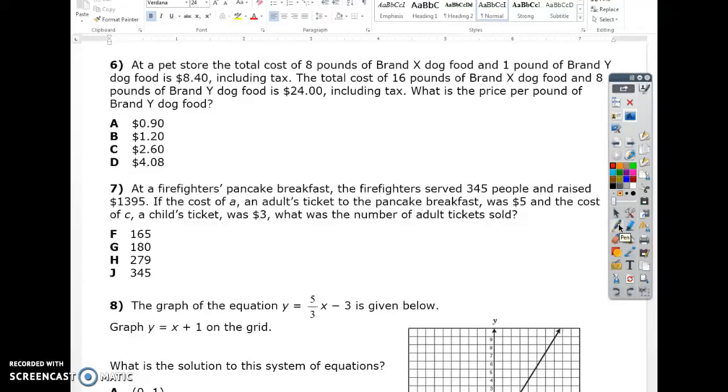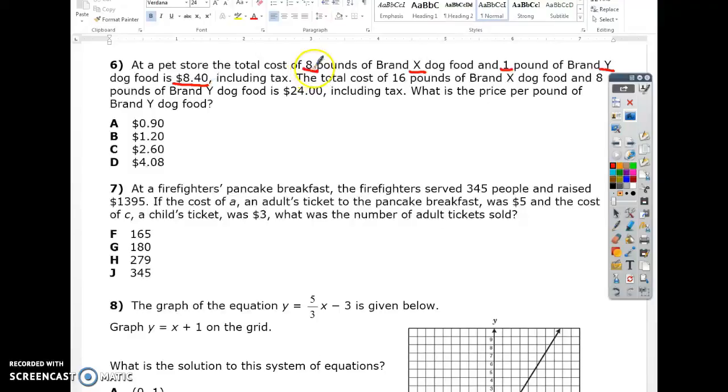Easy. The 8 goes with the X, right? The 1 goes with the Y, and it equals $8.40. You bought this stuff. Do you add them or do you subtract them? Add. You added it, okay?